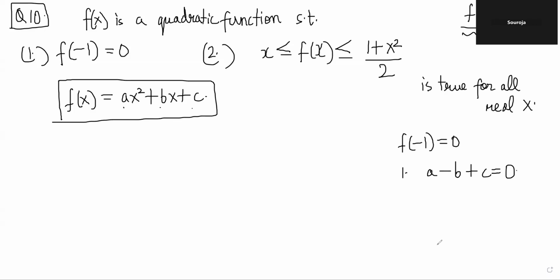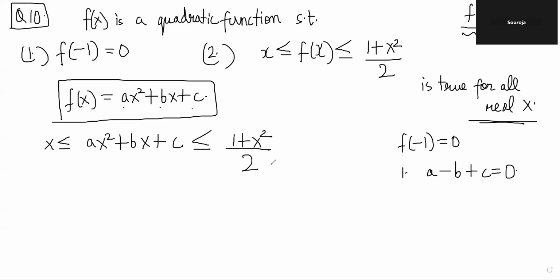right? And the other information is that for any x value, the inequality is true that x is less than or equal to ax squared plus bx plus c, which is less than or equal to 1 plus x squared by 2, right?